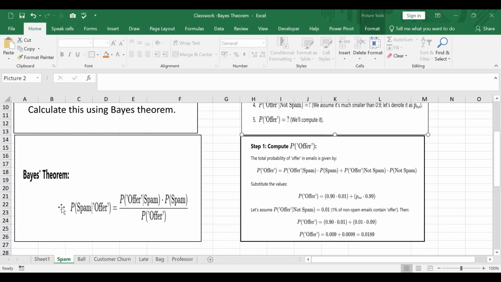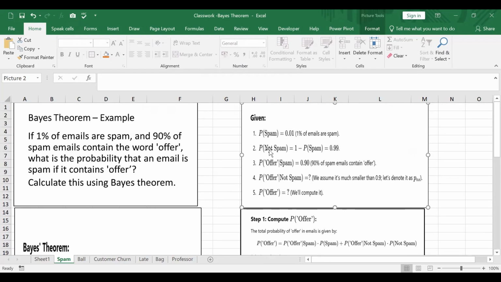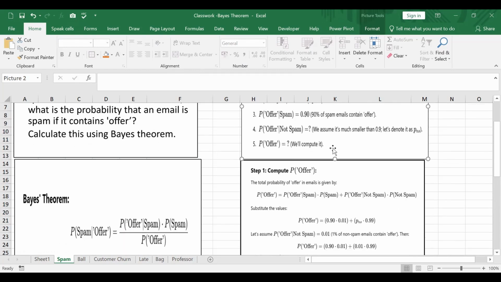Now, the formula is here. Probability of spam is 0.01. Not spam will be 1 minus 0.01, which is equal to 0.99.